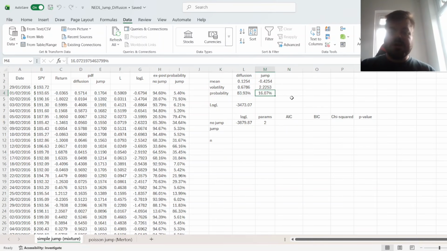So with 16% chance, the average return will actually be 0.13 minus 0.43, so roughly minus 0.3, so it will be essentially a negative jump, and the volatility will be much higher. So with 84% chance, the normal diffusion process with quite higher than average mean and very low volatility is ongoing, but with 16% chance, we are in a negative average and high volatility regime.